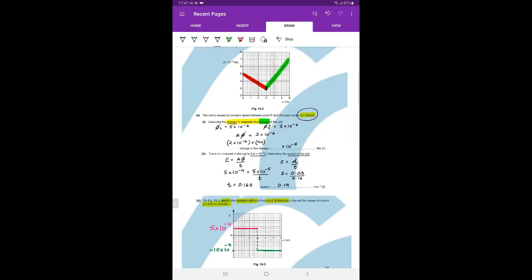So not just a larger value but literally twice the previous value, because if you compare the red portion rather with the green portion, not only is green steeper, but look carefully, the change occurring in green is exactly twice that of red.